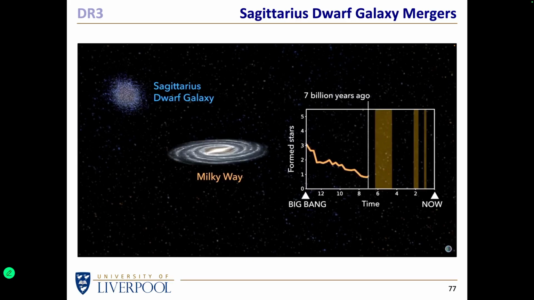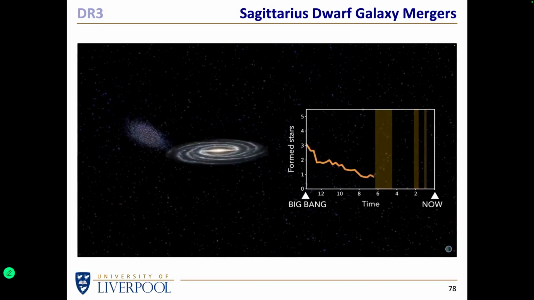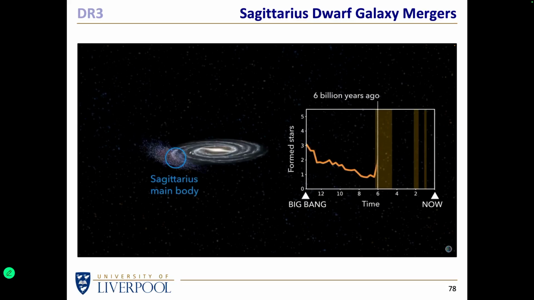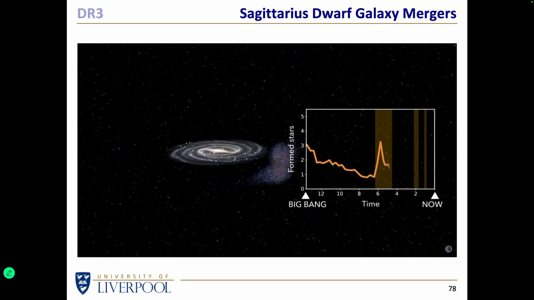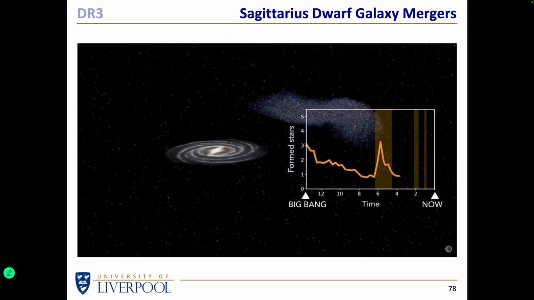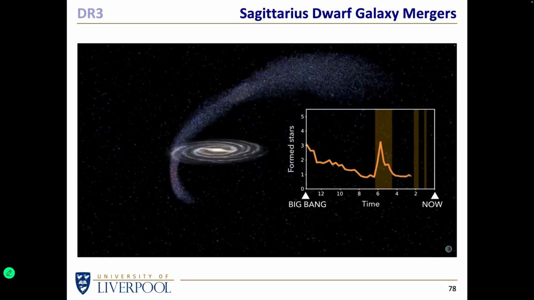The interaction with the Sagittarius dwarf galaxy is very interesting for a number of different reasons. This cartoon gives us an idea of what we think happened. If we run this animation, about 6 billion years ago, the Sagittarius dwarf galaxy interacted with the Milky Way and produced a whole load of new stars because of the tidal forces it produced.